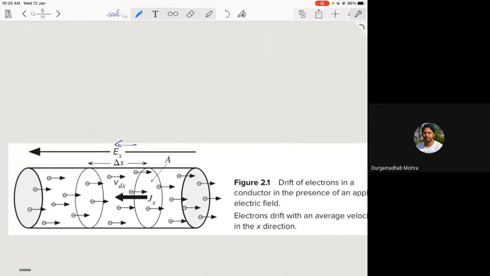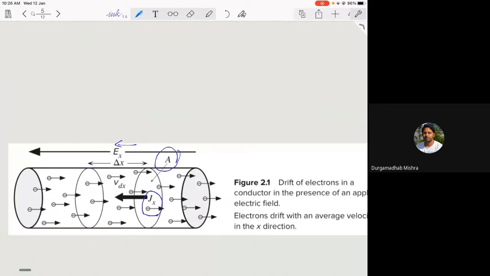Due to the electric field E, these electrons will accelerate in the opposite direction to the field direction, and due to this net motion of the electrons, you will have a current density. The cross-sectional area here is represented by A, and due to that we have a current density J.